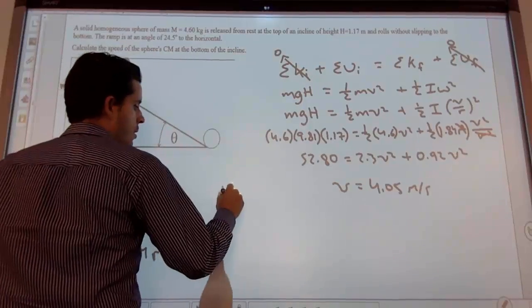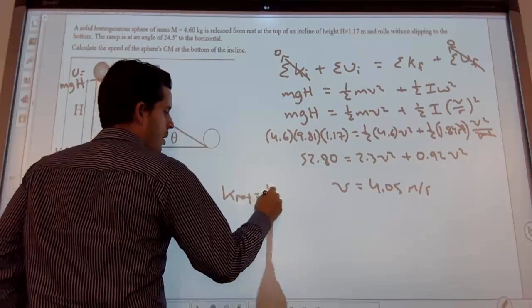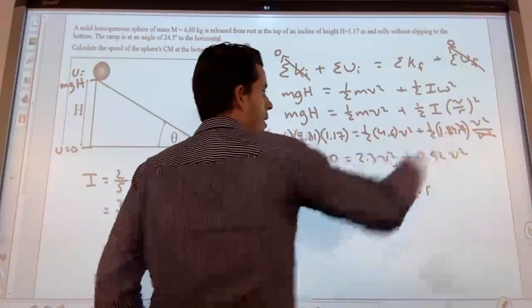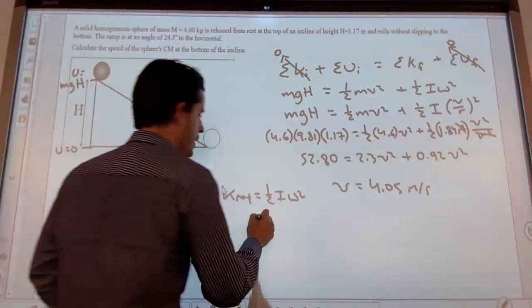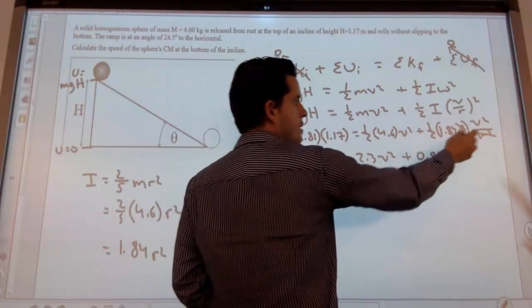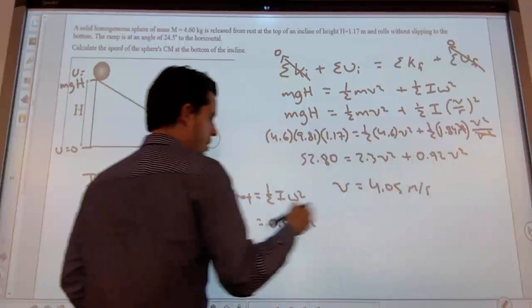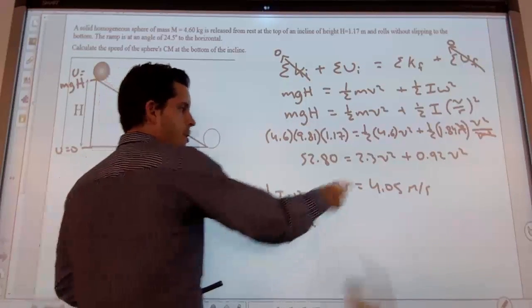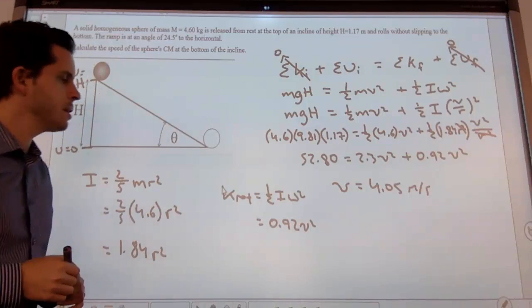The rotational is the 1/2 I omega squared. That's this thing that we had, which actually we know is 0.92 v squared. Okay, I'm just going to spare us the math because we already did it over here. That's 0.92 v squared, which is 0.92 times that squared, if someone wants to do it for me.